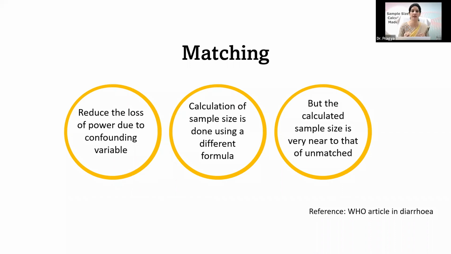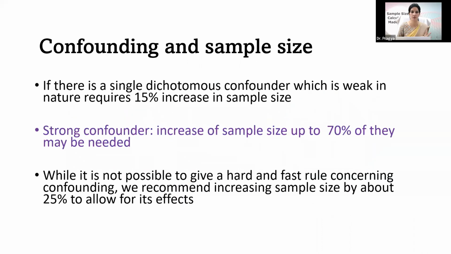Because most of the time that correlation, the phi or Cramer's V correlation coefficient, which is needed for the calculation of sample size for a matched case control study, is not available. So it is better that you use the formula that we have shown you, which is for unmatched case control. So you can use a similar concept for a matched case control study also.